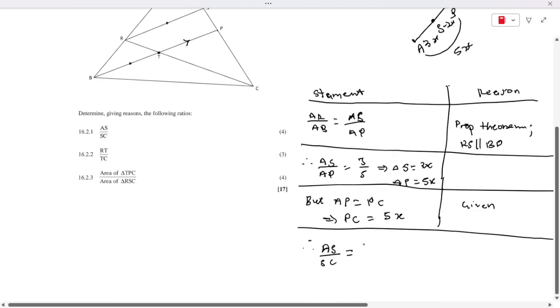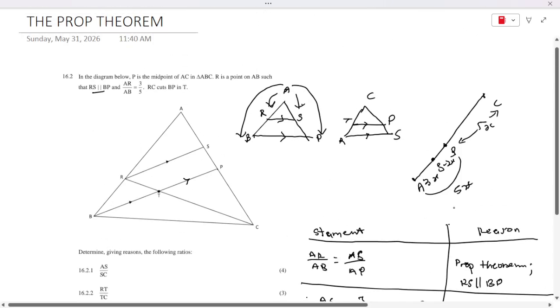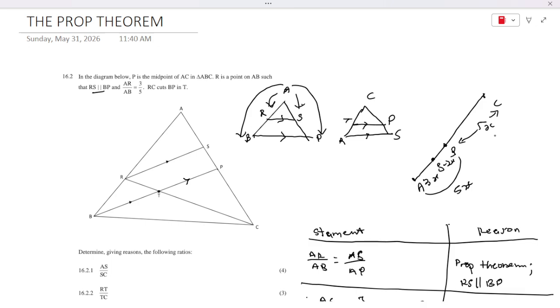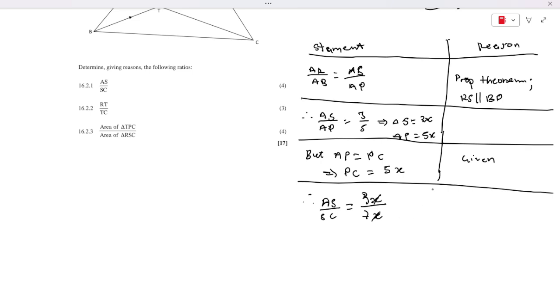You then write your 3x over here. Then SC is starting from S to P, then P to C. So that is 2x plus 5x. That gives us 7x. So this x will cancel, then you end up with 3 over 7.